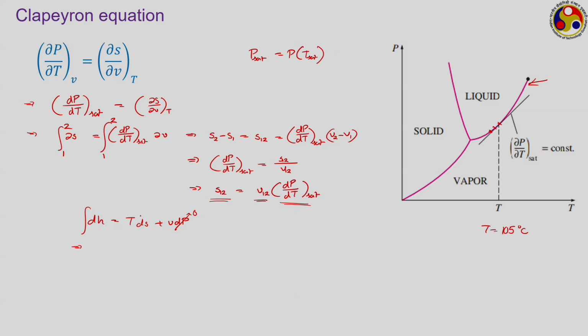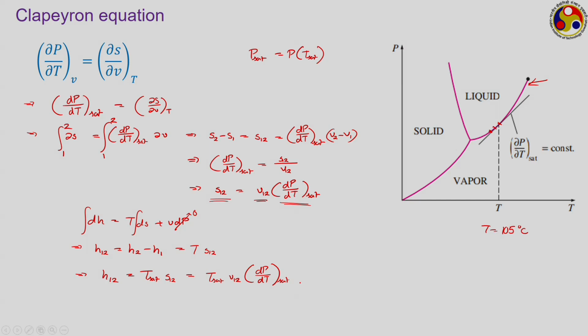So, if we integrate this over the phase change process, then H12, that is H2 minus H1, the change in enthalpy over the phase change, is equal to T into S12, that is, H12 is equal to the saturation temperature into S12, or invoking the earlier relation, saturation temperature into V12 into the slope of the saturation curve.